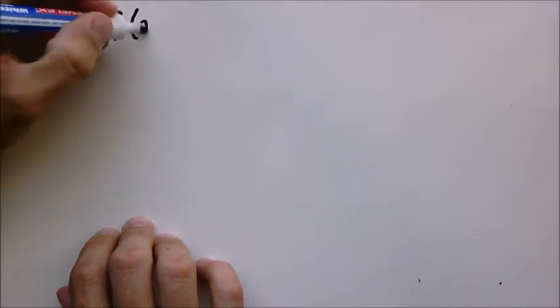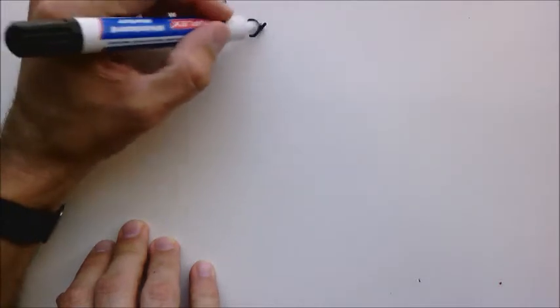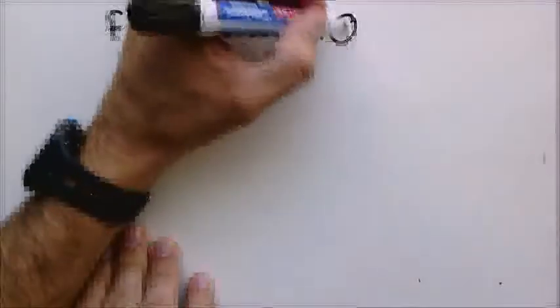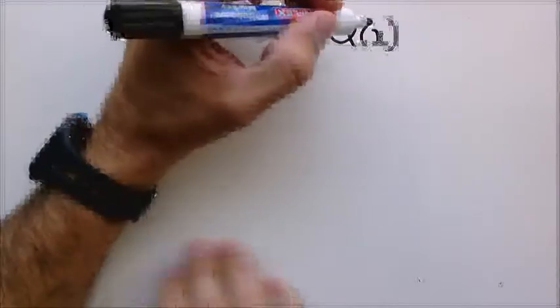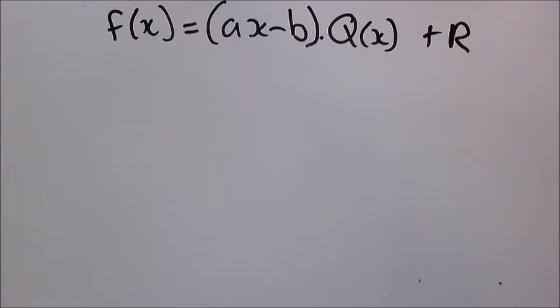Okay, let's look at the theory. So now in your book you will find on page 158 this expression. It says f(x) is equal to bracket ax minus b times q(x) plus r.